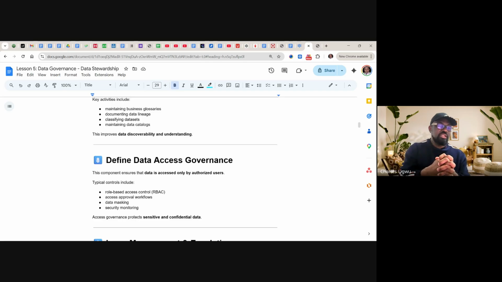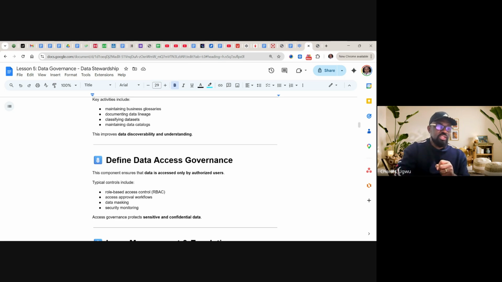Here, we have to define who has access and the level of access. Everybody working on our data sets must have a level of access. So typically we talk about role-based access control, access approval workflow, data masking, and security monitoring.